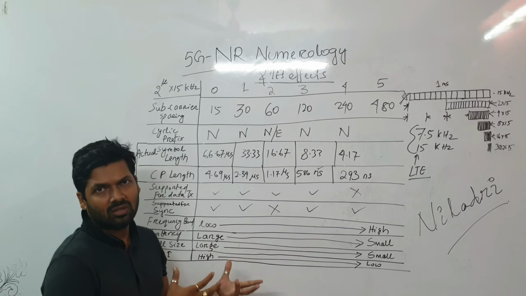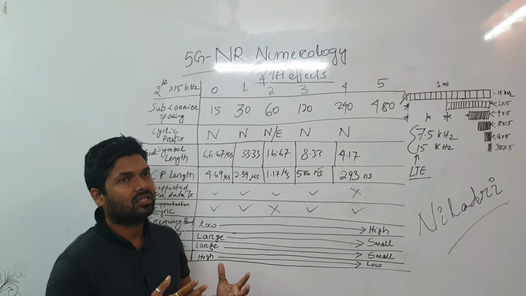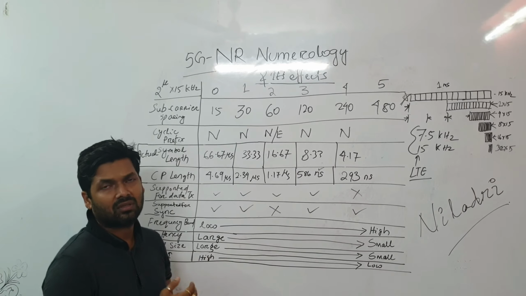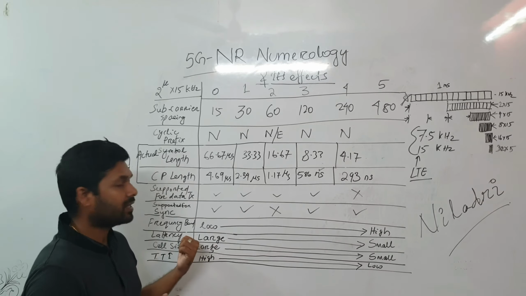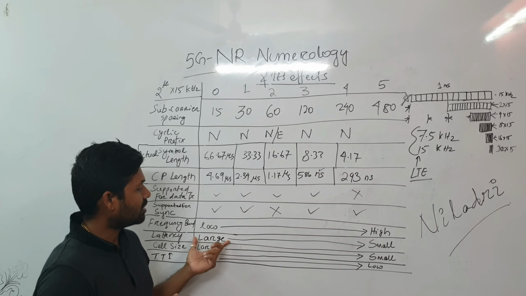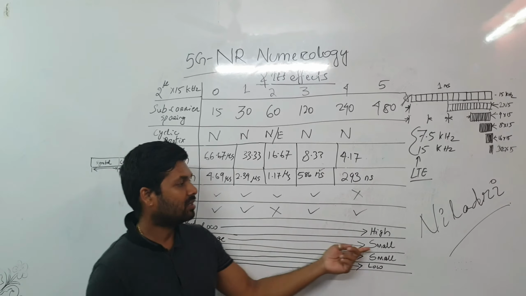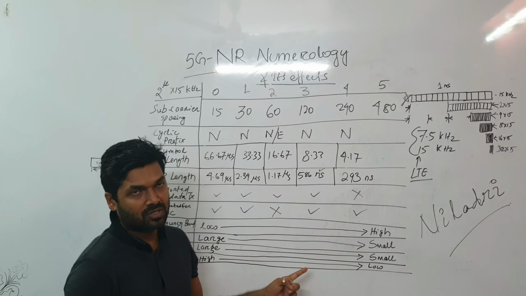Okay, so let's say in India we use the 3.5 gigahertz range, 3300 to 3500. Okay, moving on to latency. We experience larger latency for 15 kilohertz and comparatively smaller latency for higher subcarrier spacing.